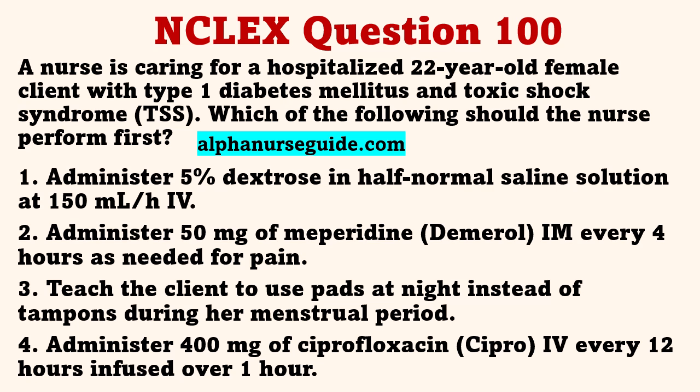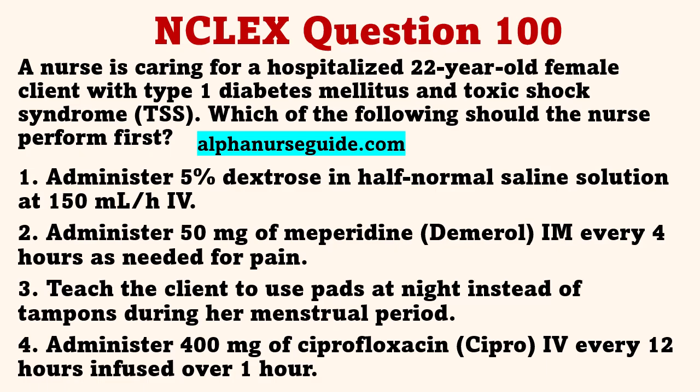The correct answer is 1. Administer 5% dextrose in half normal saline solution at 150 milliliters per hour IV. Fluid losses can occur from vomiting, diarrhea, and fever and can lead to hypovolemic shock. The first nursing action is to treat the hypovolemic shock that accompanies toxic shock, so the IV fluids must be administered immediately.